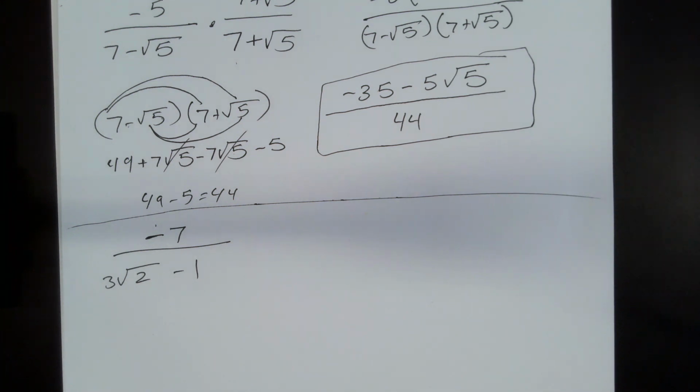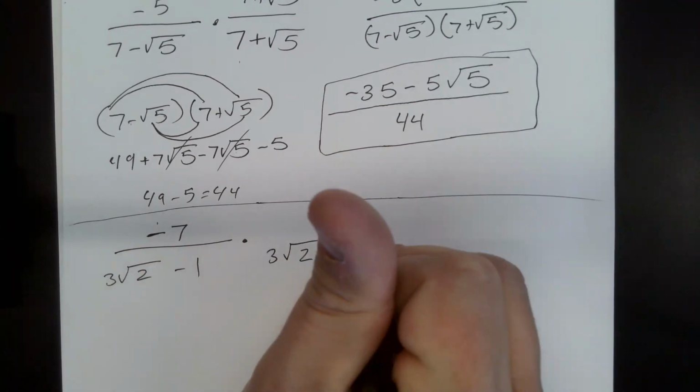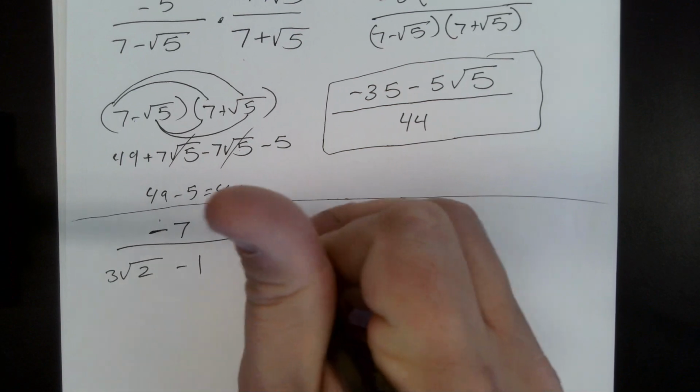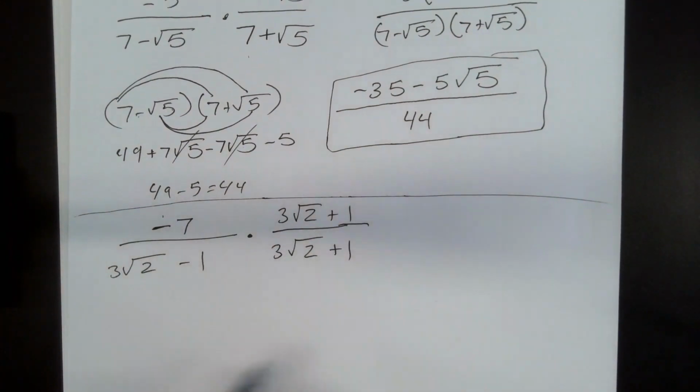So, we have a square root in the bottom. In order to get rid of it, we have to multiply by the conjugate. The conjugate is 3 square root of 2 plus 1. Whatever the middle sign is, with the sign change. We're going to multiply it to the top and to the bottom.